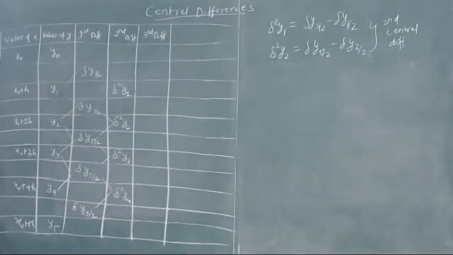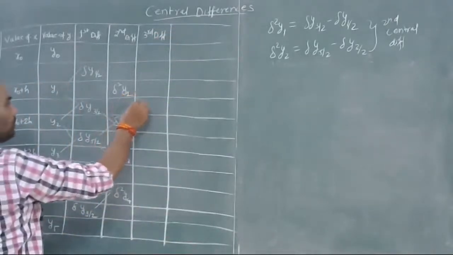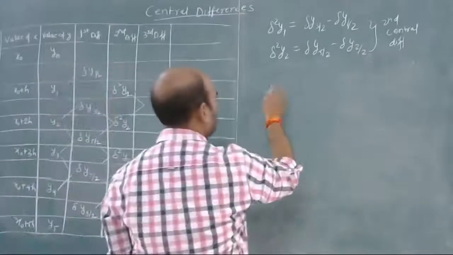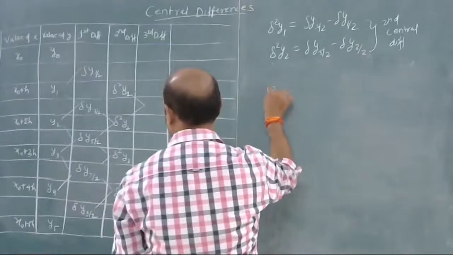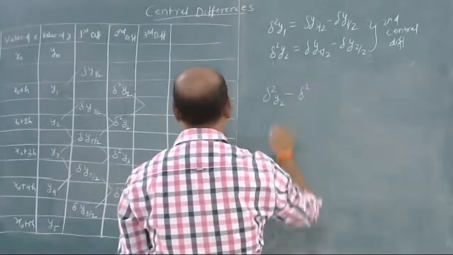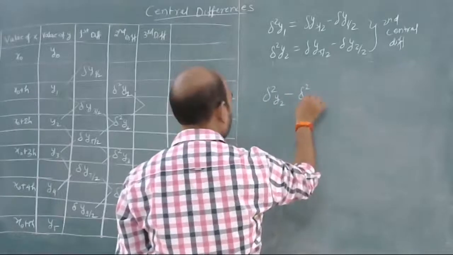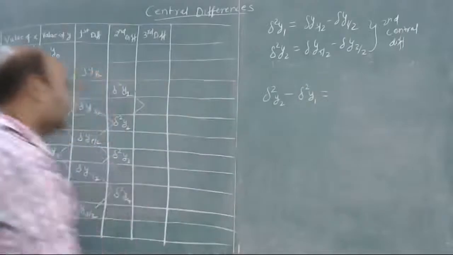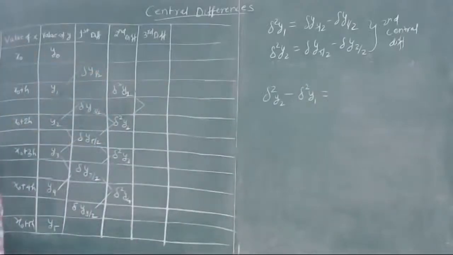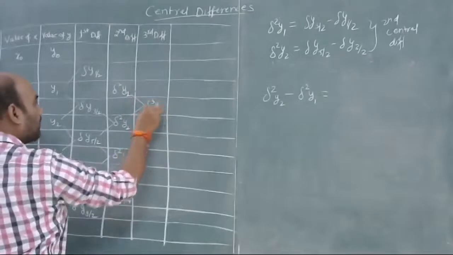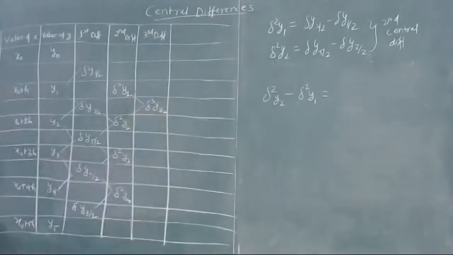Now we subtract these two: del square y2 minus del square y1 gives del cube y3 by 2.